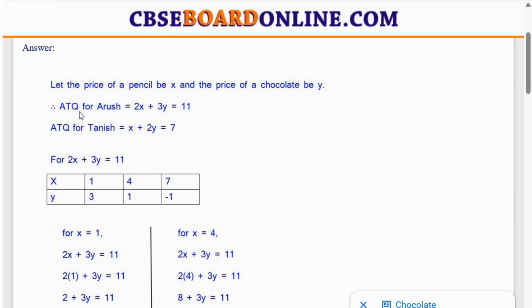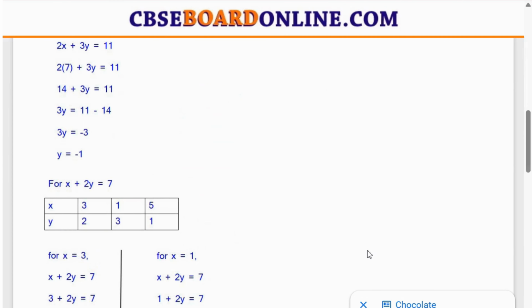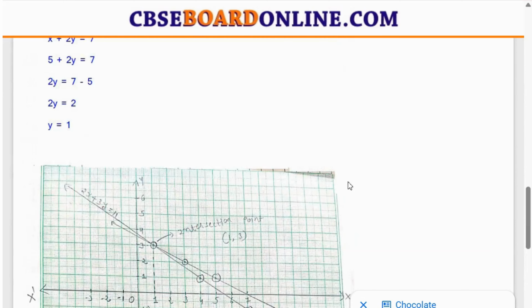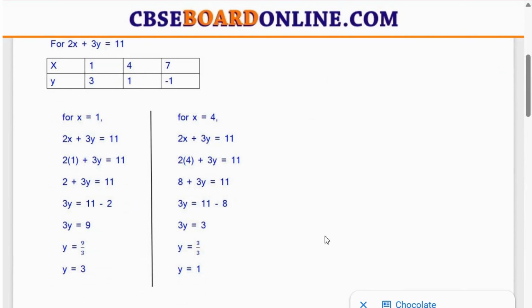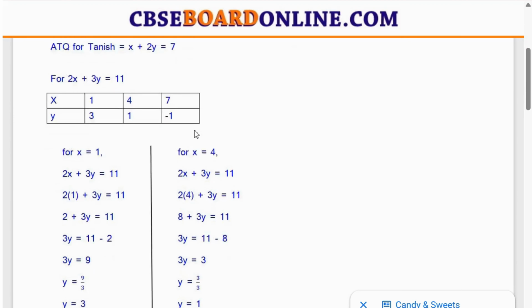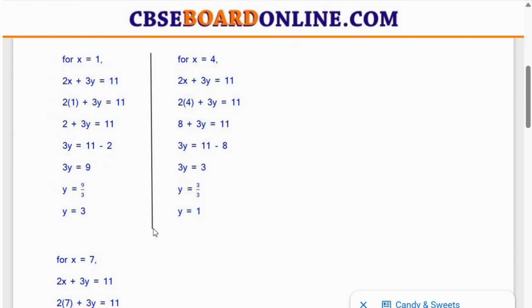And then what you have to do is simply plot the values of x and y on the graph. Right, so we have done the same over here. Coming to the Arush part, the equation is given, that is 2x plus 3y equal to 11, and we have the equation of Tanish as well, it is x plus 2y equal to 7. Right, so we have simply put the value of x and then got the value of y.